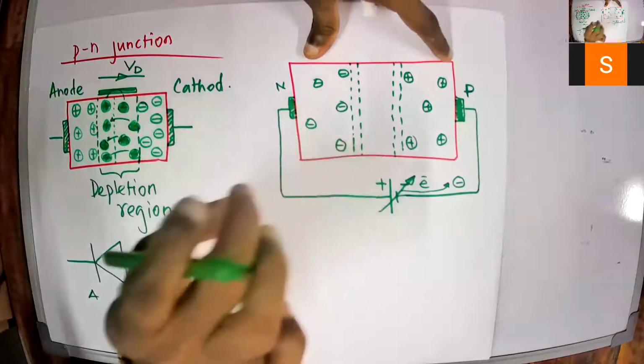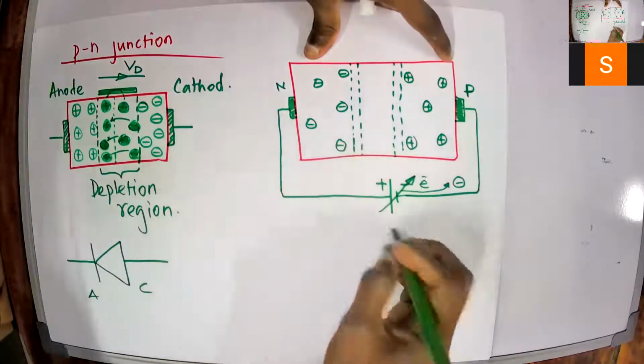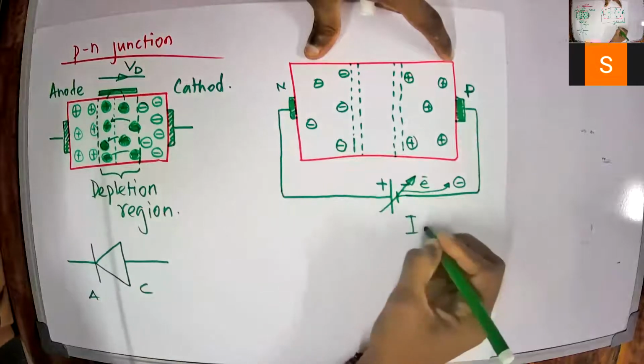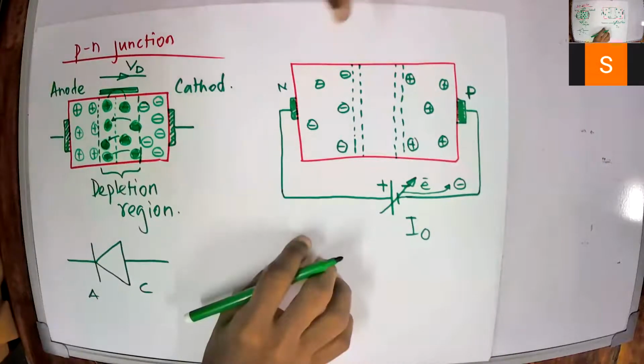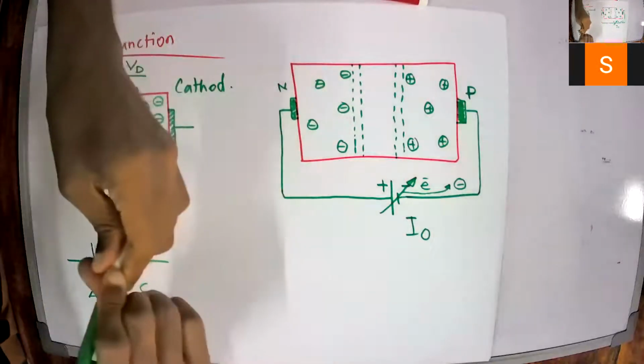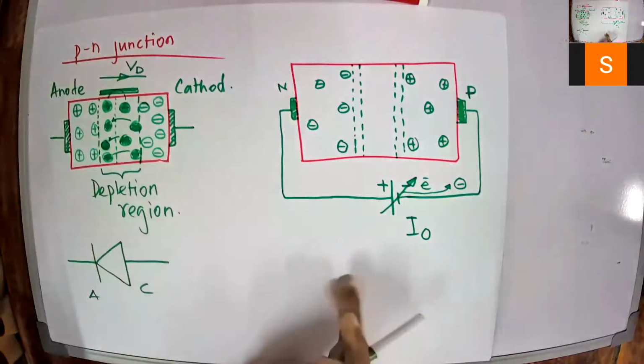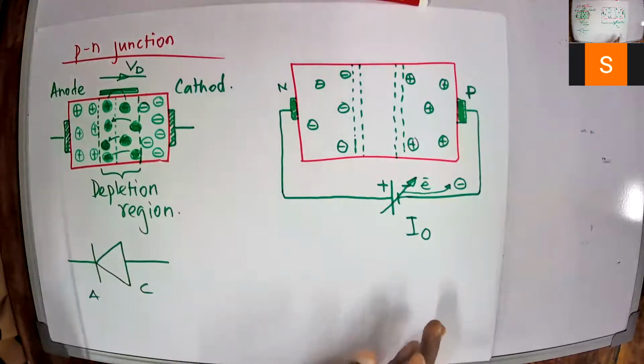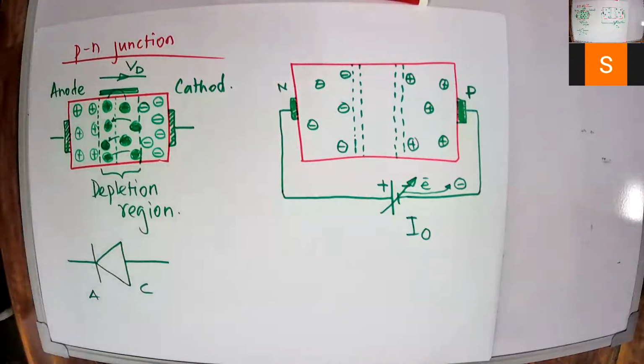There will be a very small leakage current, which is called I naught, in terms of microamps, or sometimes nanoamps, 10 to the power minus 9 or 10 to the power minus 6 amperes, right?